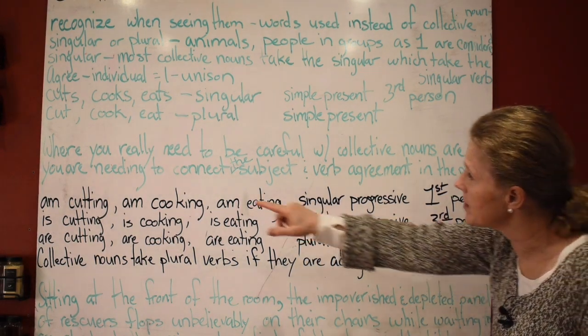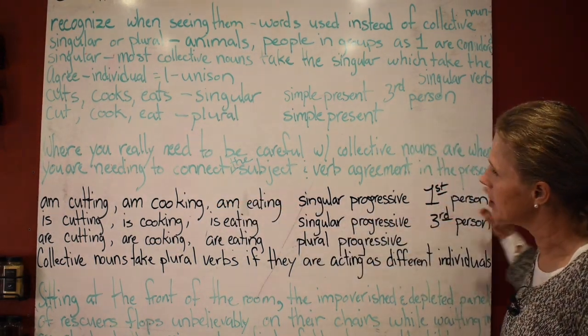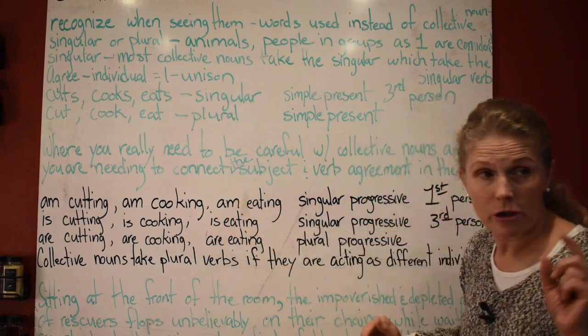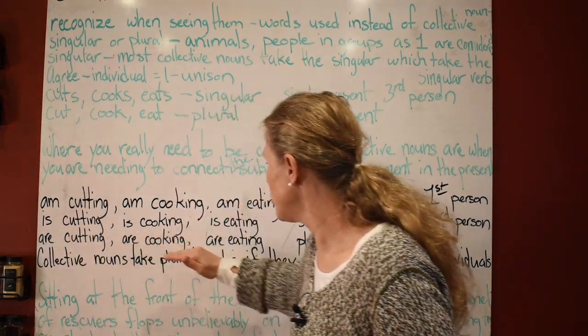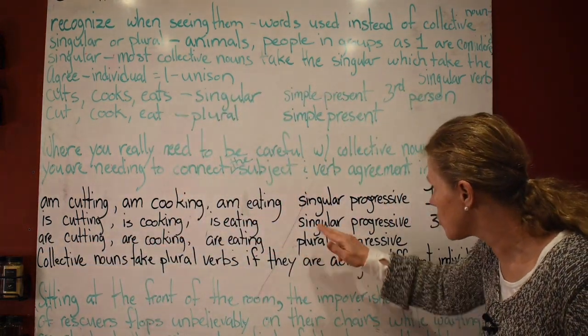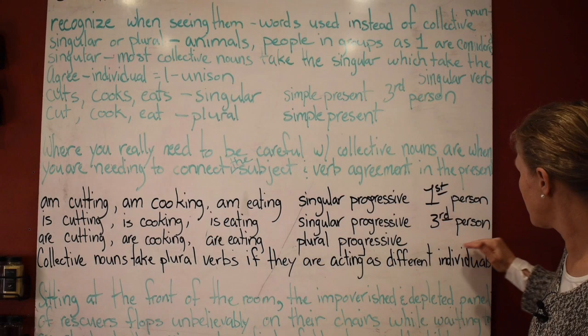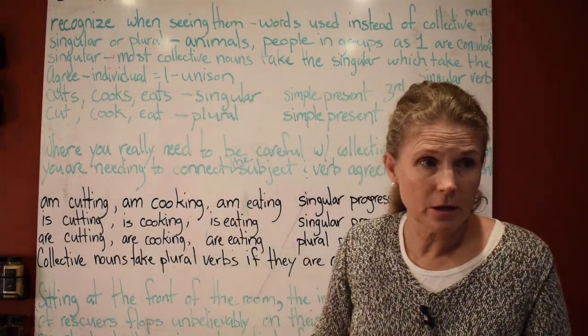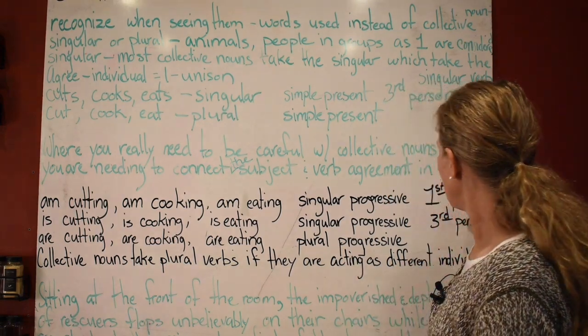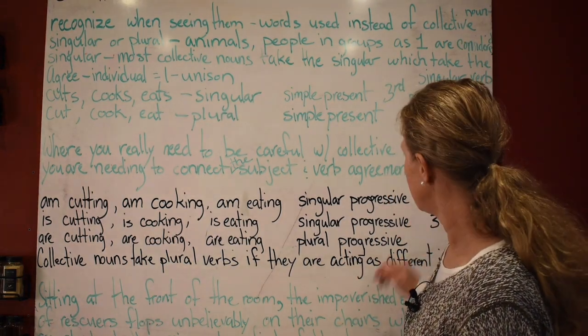See how if you're using am, it's in the first person. So make sure you use the correct auxiliary verb. Are cutting, are cooking, are eating is the plural progressive. I'm not putting the person on here because it doesn't matter in the plural. It doesn't change. It changes when it's in the singular.